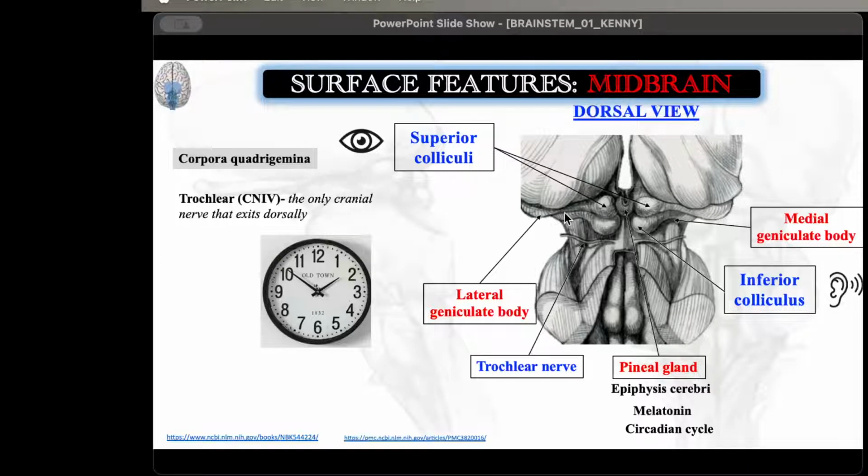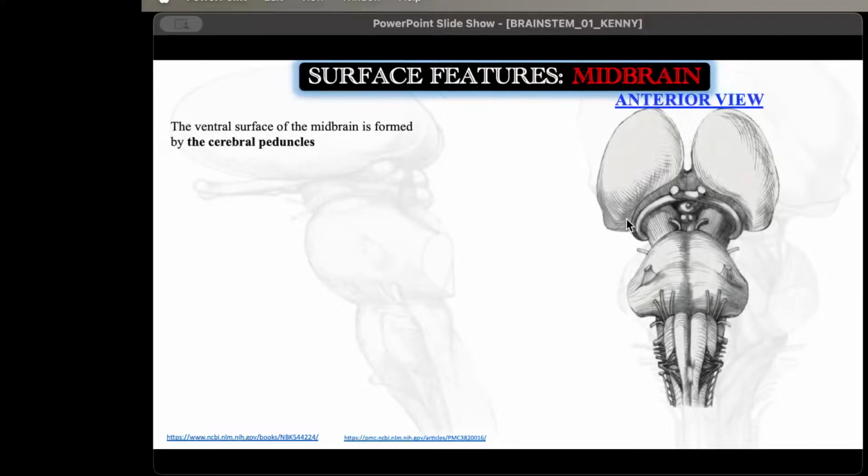We're discussing now the midbrain. So let's stay on the ventral side, on the anterior surface of the midbrain. This is how it looks on the anterior surface, and we have two cerebral peduncles, one on the right side and the other on the left side.